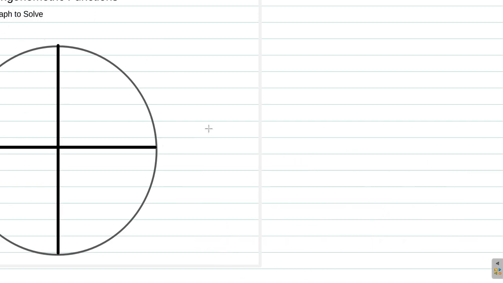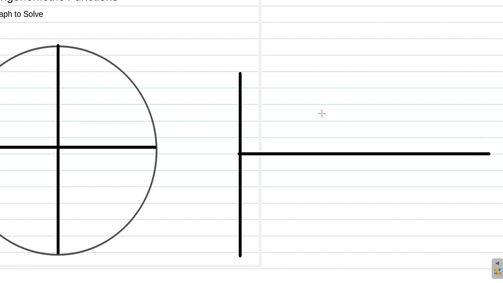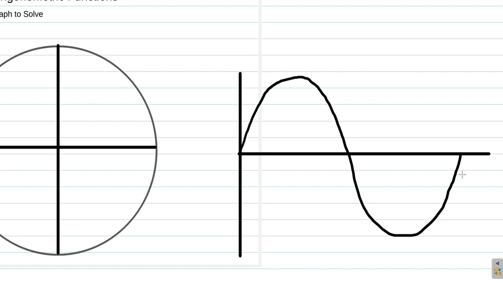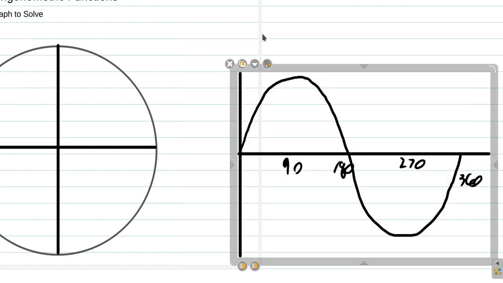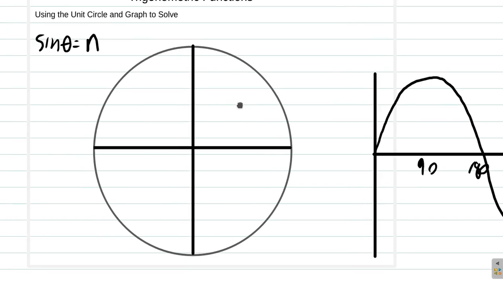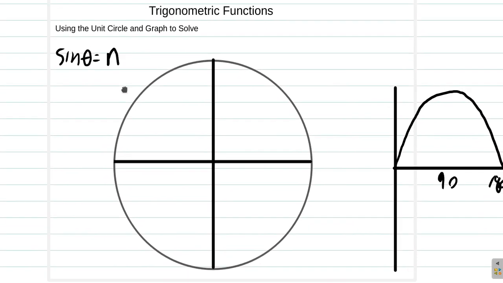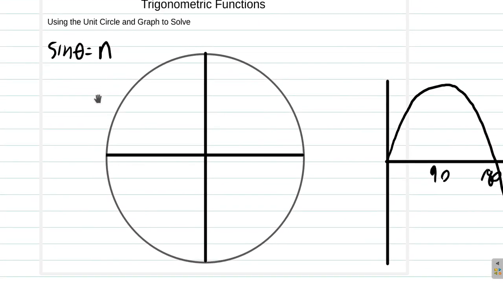So what we have here, you have the y-axis, you have the x-axis, and you have the curve. Alright, good. 360, 180, 90, 270, and so on. Now, the thing is, we have sine theta equal n.